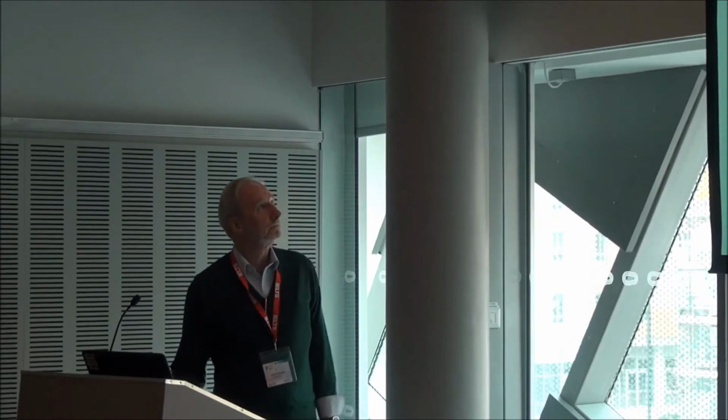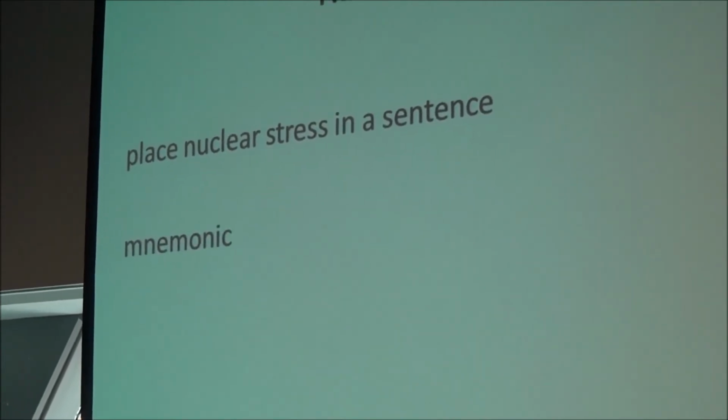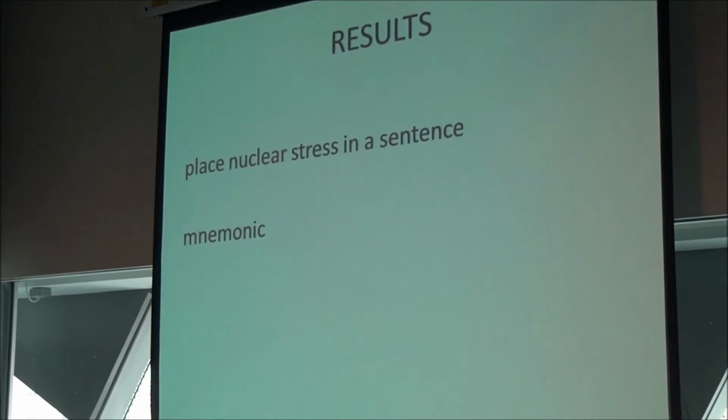What do we get when we've done all that? They can place the nuclear stress in a sentence. They've got a mnemonic again. This dialogue here encapsulates 3 of the most important ways in which sentence stress varies.